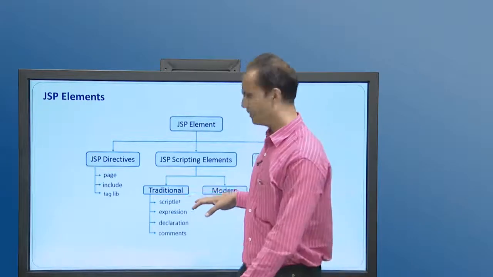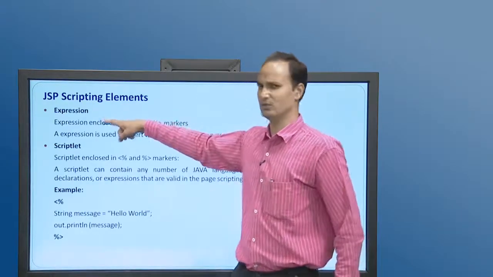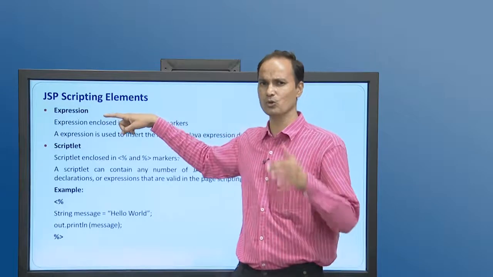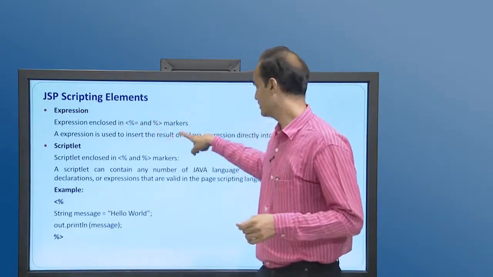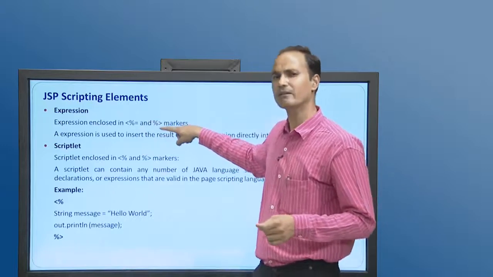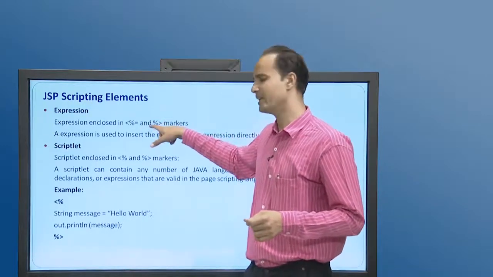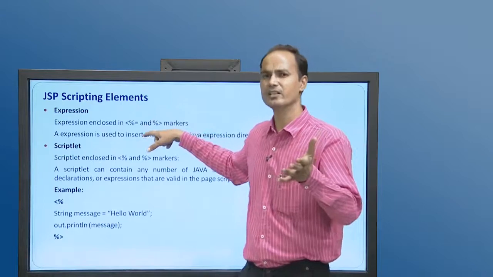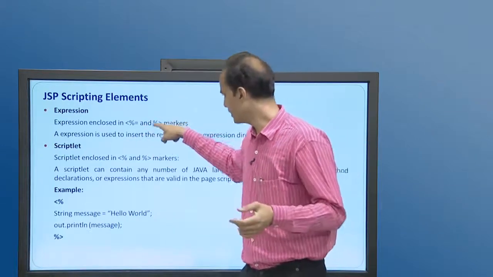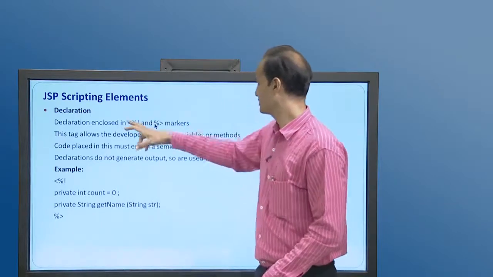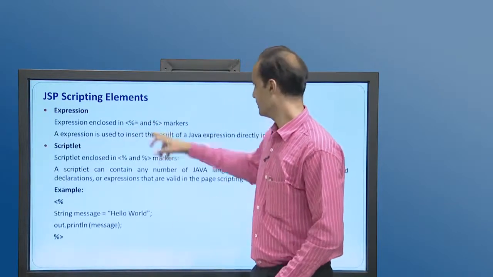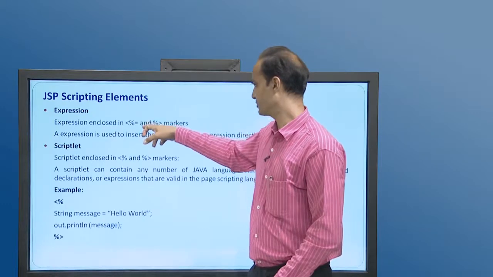So, as its name indicates, first one, expression. Expression is helpful to insert the result or send the result back to the client. So, if you have any variable containing the response, then you can put it over here. See here, less than sign, percentage, equal to.